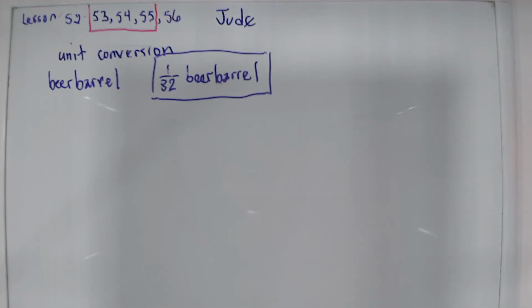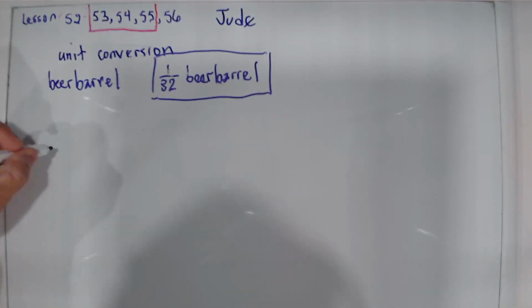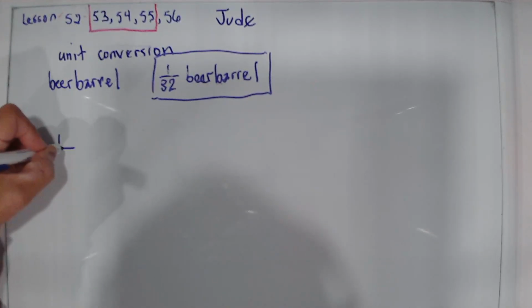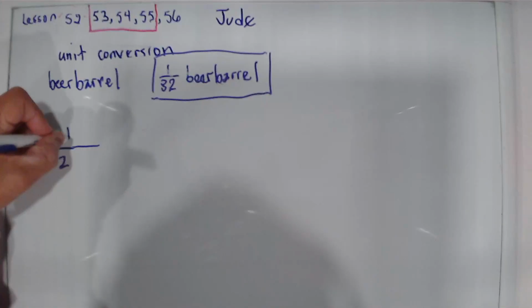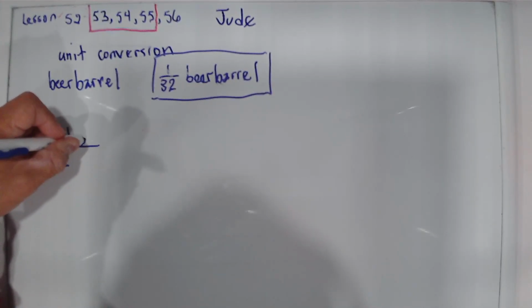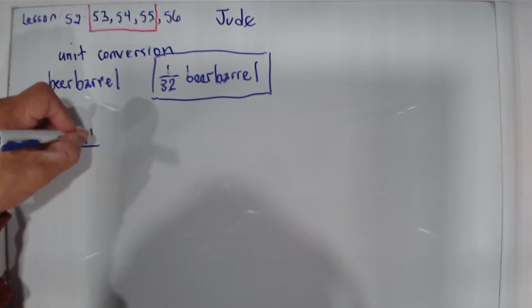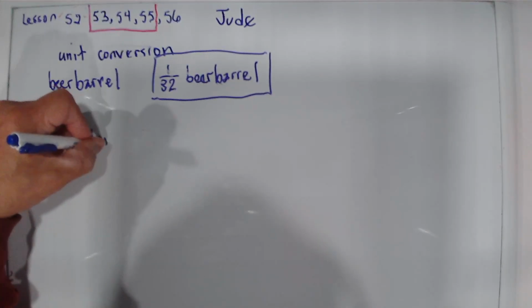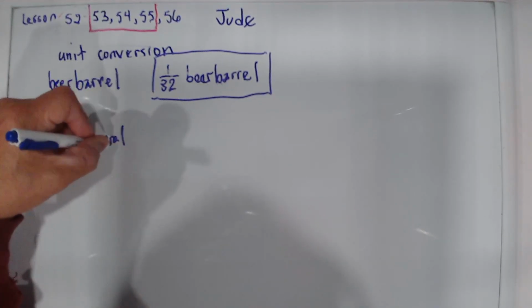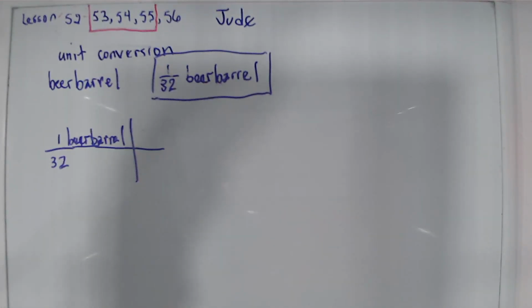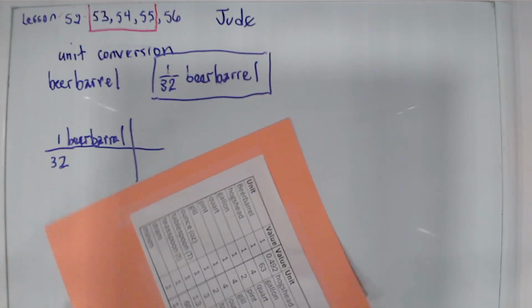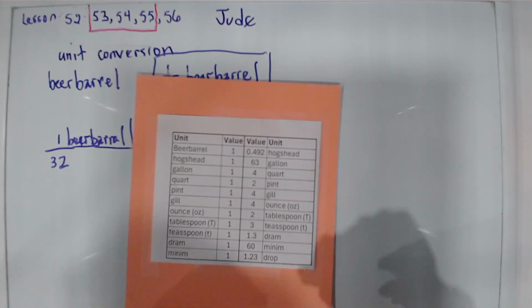Well, let's find out. So if I had 1/32 of a beer barrel, let's solve this into a unit that we are familiar with. So this is how you would do it. I actually have those units here.